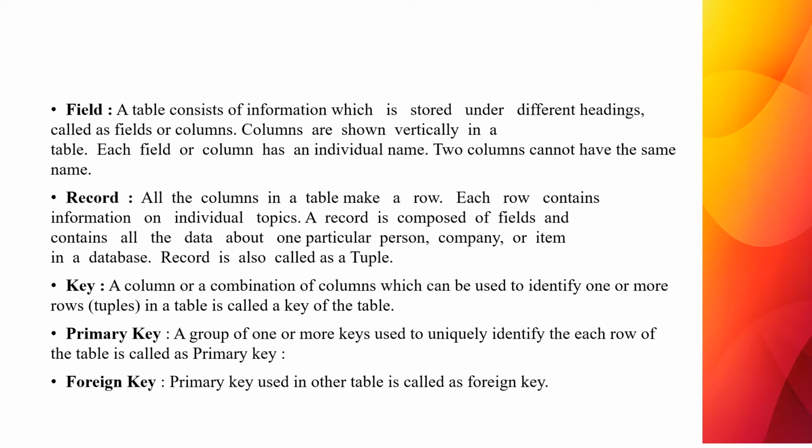The student table contains roll number, name, address, and date of birth, and the mark sheet table contains roll number, marks, and percentage. The student table contains roll number and the mark sheet also contains roll number, so the roll number in the student table is called the primary key and the roll number in the mark sheet table is called the foreign key. As both keys are the same, the records are the same, but they are in different tables. That's why they are separated as primary key and foreign key.